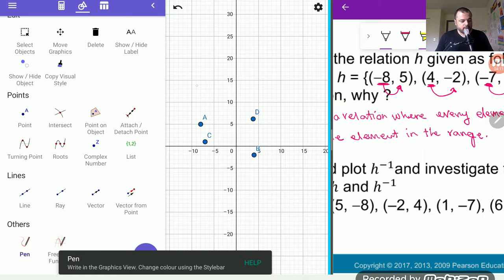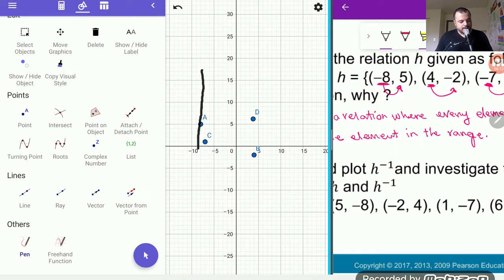If you just draw vertical lines, and these vertical lines pass through only one point of these points, then we are going to have a function. If one vertical line passes through more than one point, then we are not going to have a function, which is the same idea of having two values from the range for one value from the domain. So this is a function by using the vertical line test.